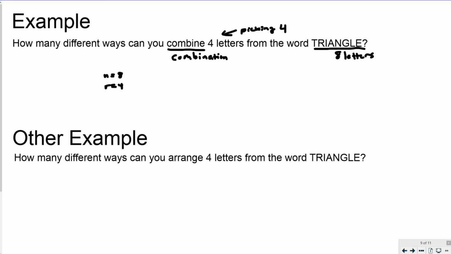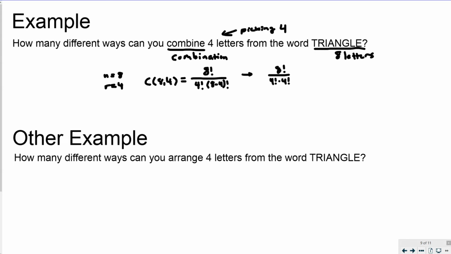So if I set up my combinatoric equation here, C(8, 4) would equal 8 factorial on the top over 4 factorial times (8 minus 4) factorial, which would simplify to 8 factorial over 4 factorial times 4 factorial.